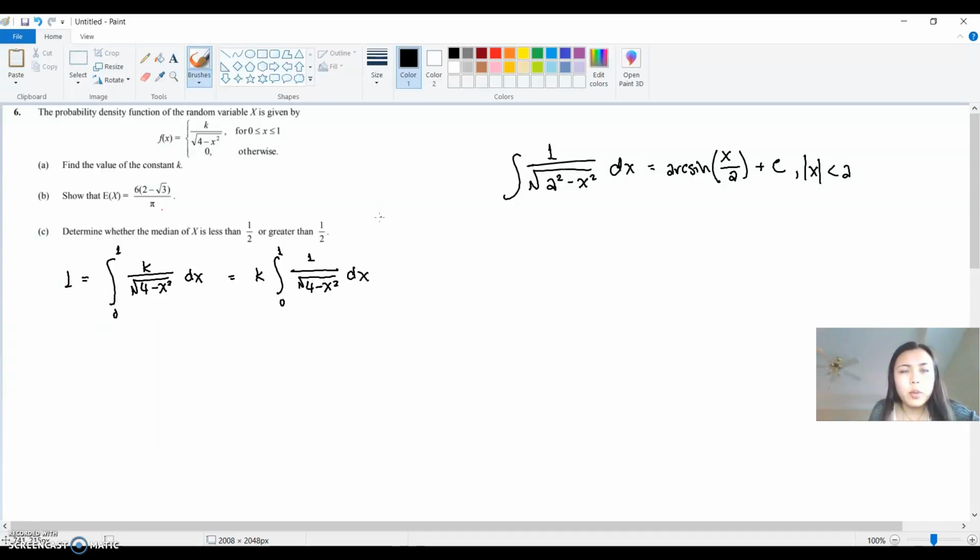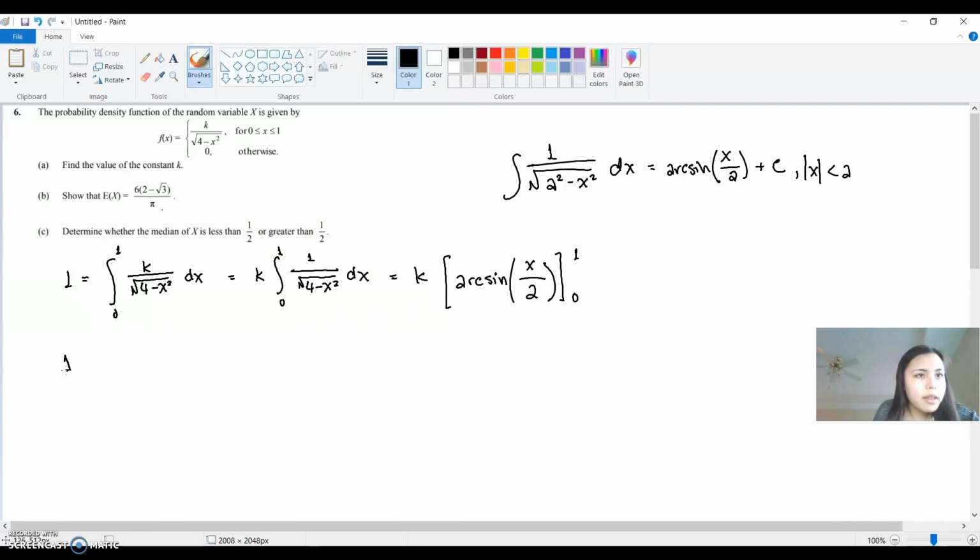So we can rewrite this as 1 over the square root of 2 squared minus x squared, so a equals 2. Now the integral of that is arc sine of x over a, and a equals 2, from 0 to 1, and that equals 1.